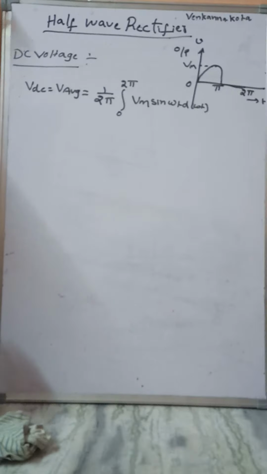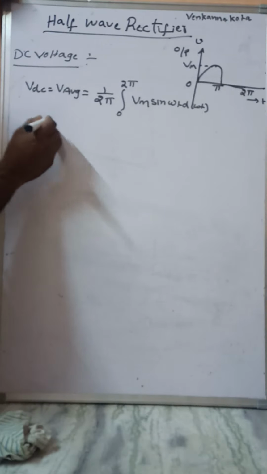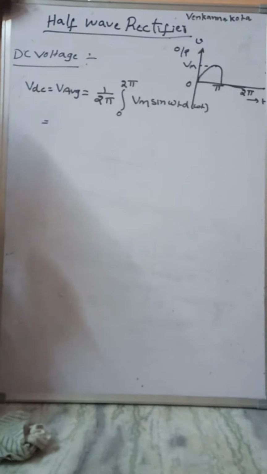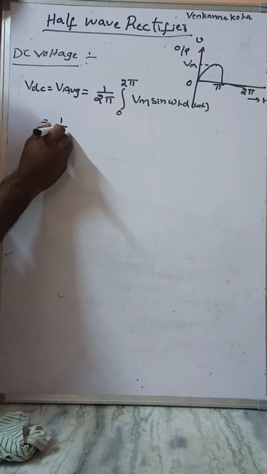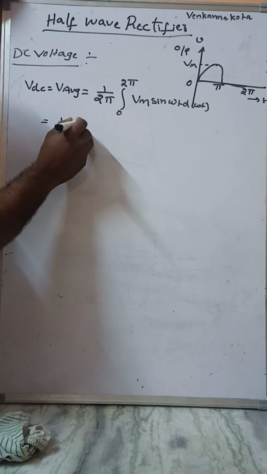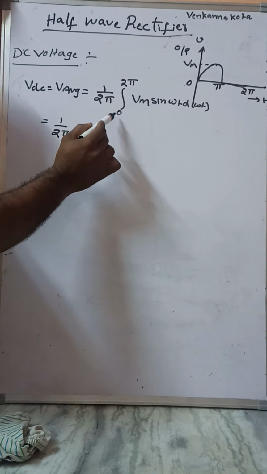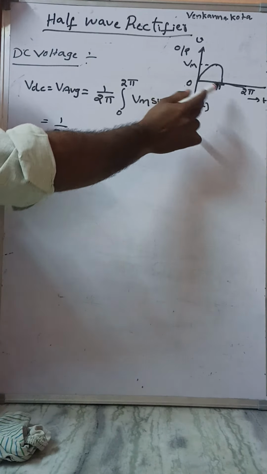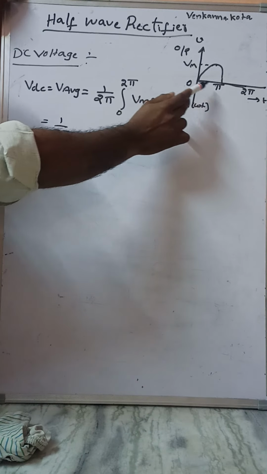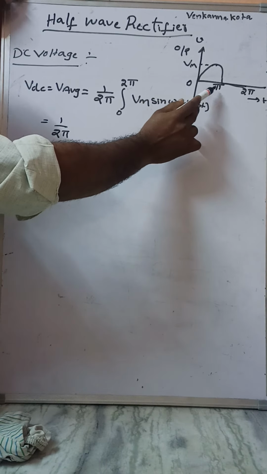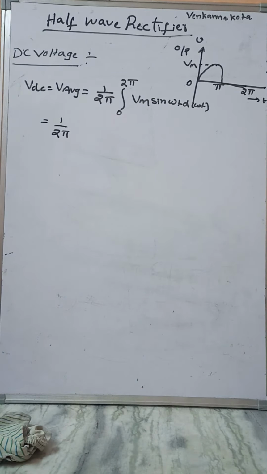So here VDC or V average is equal to 1 by 2 pi, and 0 to 2 pi. Here first we have to split 0 to 2 pi into two parts, 0 to pi and pi to 2 pi.